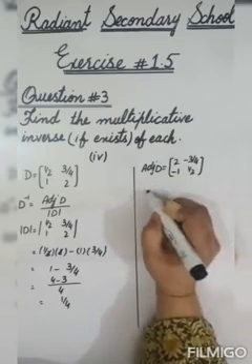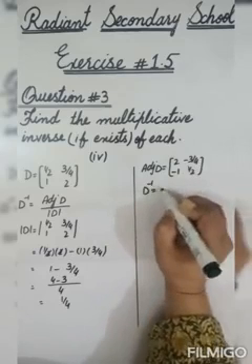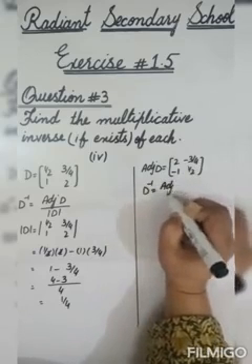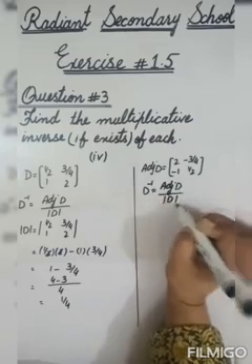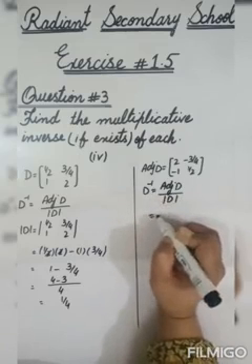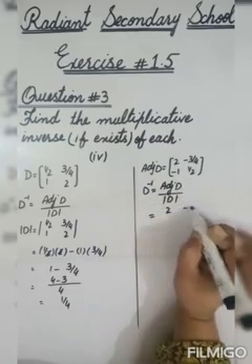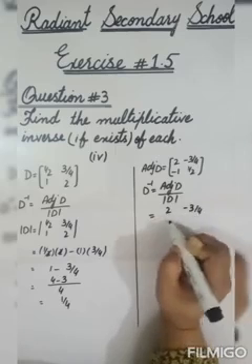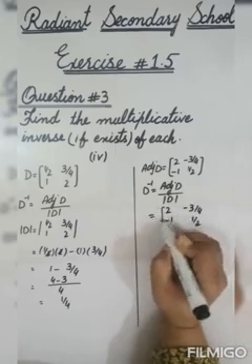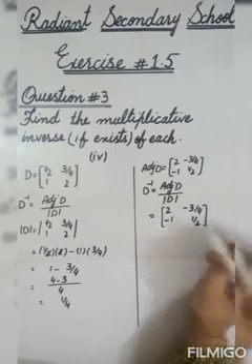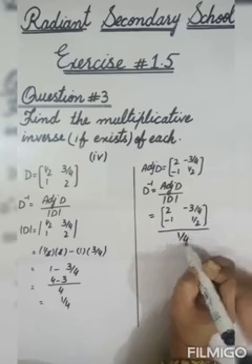Now the formula is D inverse is equal to adjoint of D divided by D determinant. Now we have to put the values in the formula. Adjoint of D is equal to 2, minus 3 by 4, minus 1 and 1 by 2 divided by D determinant which is equal to 1 by 4.